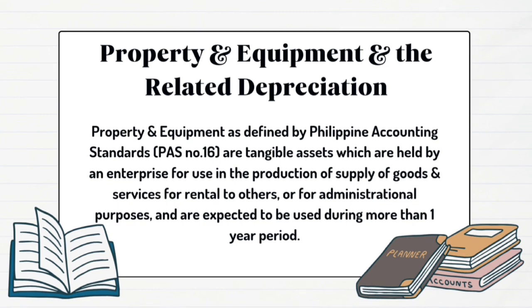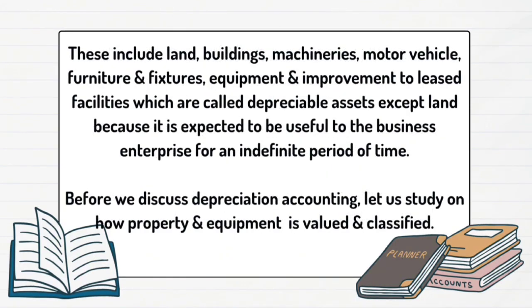These include land, buildings, machineries, motor vehicles, furniture and fixtures, equipment and improvement to leased facilities, which are called depreciable assets, except land because it is expected to be useful to the business enterprise for an indefinite period of time.